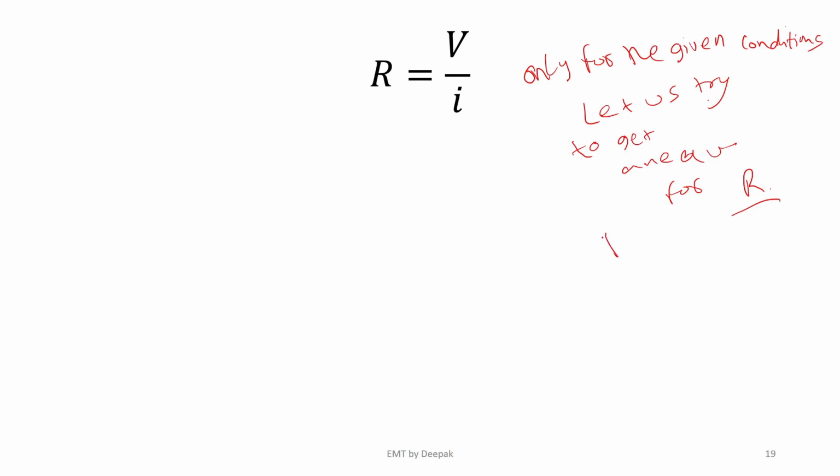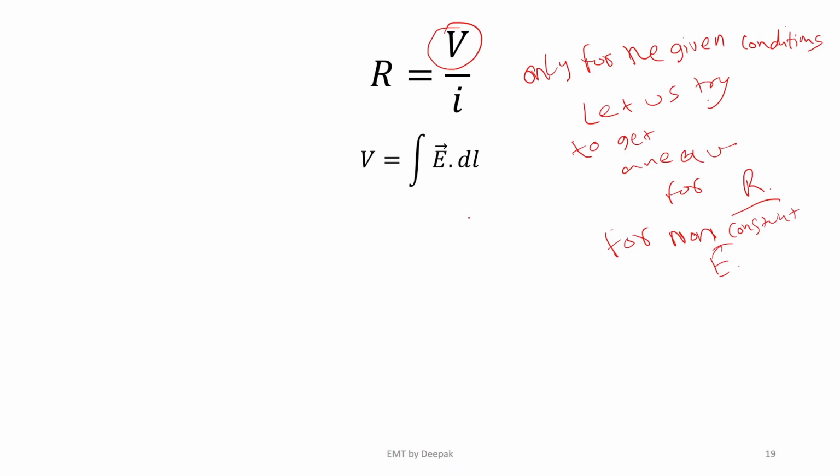For non-constant electric field intensities, the potential difference can be characterized as the integral of E bar dot dl.